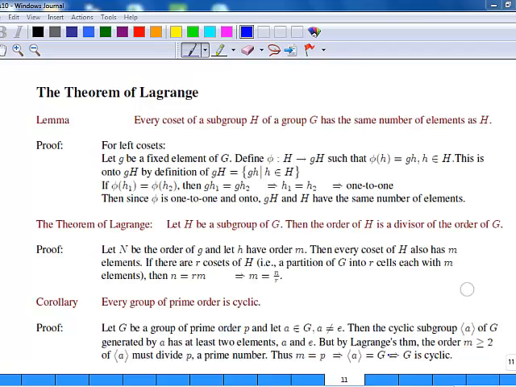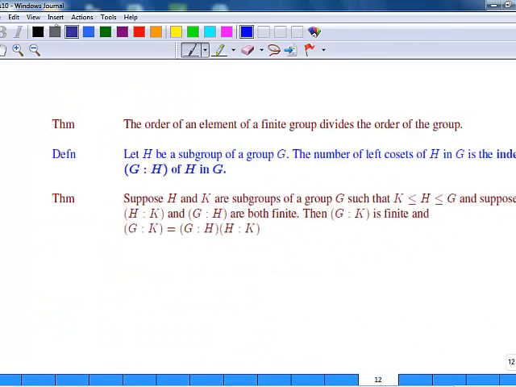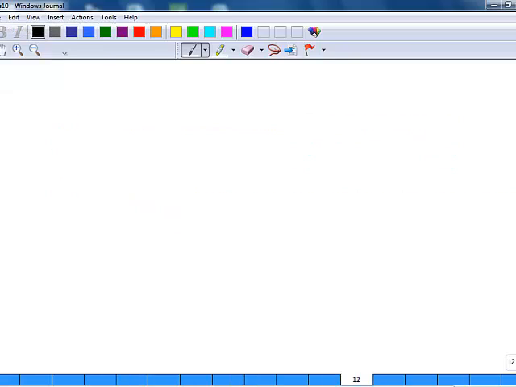So let's see a quick example here. What does the Lagrange theorem say? Let's say, for example, suppose G has 35 elements. Let's say G has 35 elements there, a group there.